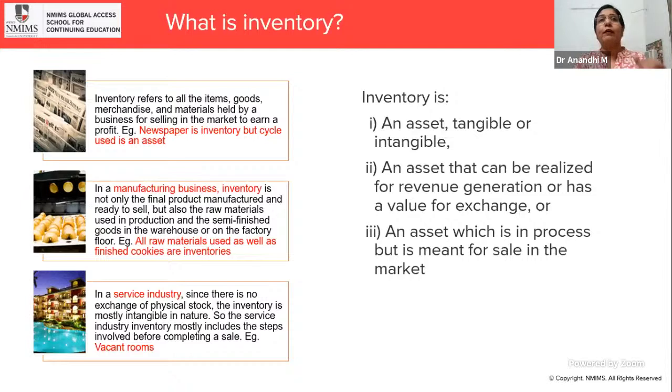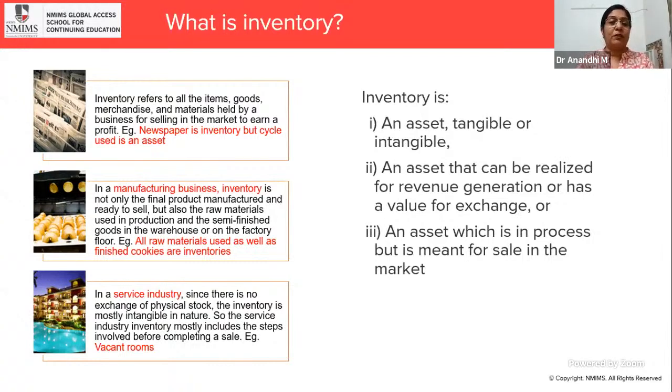So newspaper, if it is left unsold, yes, it becomes a stock, finished goods inventory. So how are we going to raise revenue out of that? The paper industry, of course, has a recycling possibility. For other industries, it becomes very tough and difficult to manage finished unsold inventory, right?